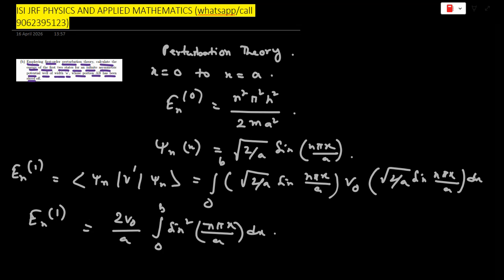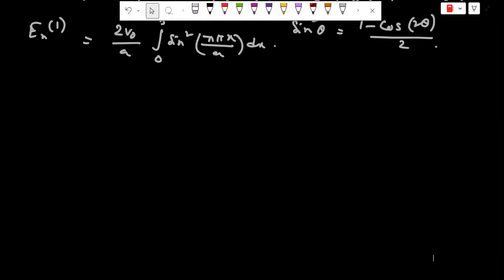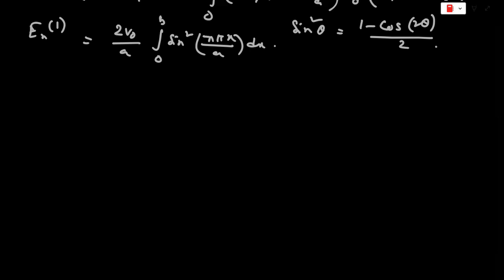Right? Now use the trig identity, sine square theta is 1 minus cos 2 theta by 2. So after this we simply get what?